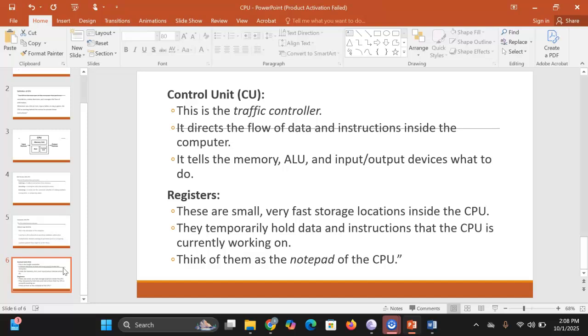If data is required, it makes sure the data is transferred from memory to the CPU, or from the CPU to output devices, or from the ALU to registers and registers to memory. It coordinates everything that happens inside the CPU and also generally inside the whole computer.